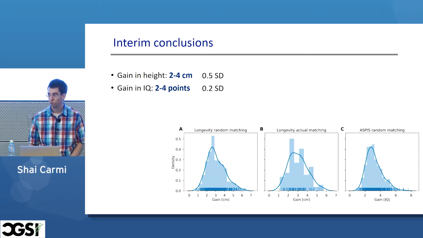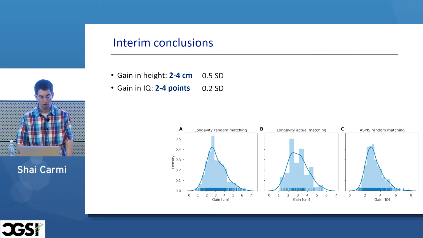We know that if we are going to do this procedure, I think most people will say this is quite small. It's not a substantial gain. The best case scenario is that we can increase the height of the children compared to the average child by around 3 centimeters, and increase IQ by around 3 points.